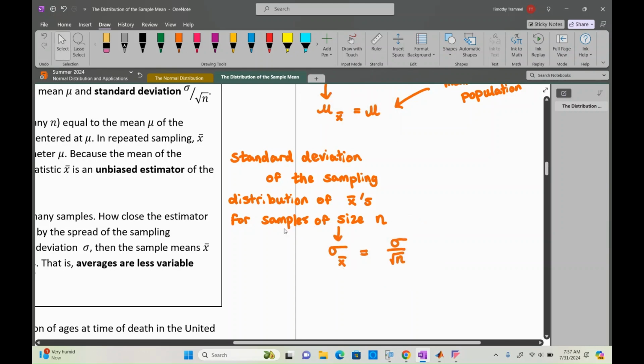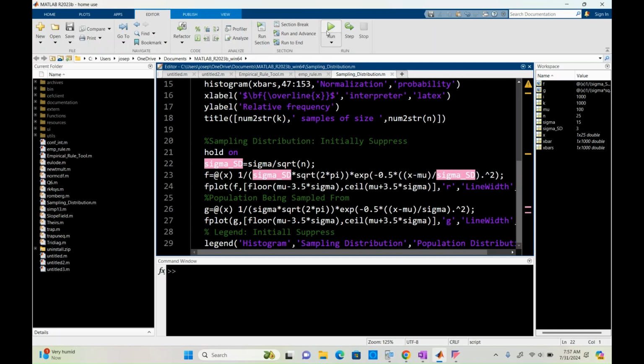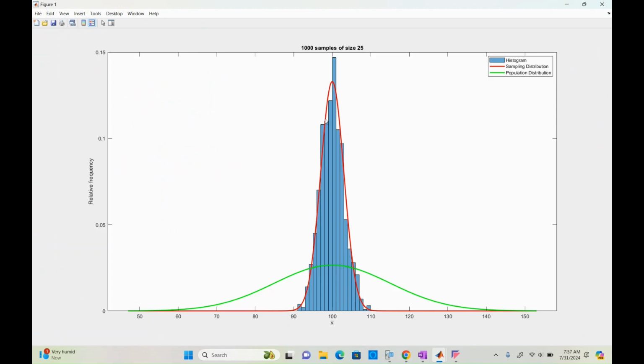Okay. So let me actually go back to our picture here that we were looking at. And so the sampling distribution, again, is the curve in red, while the population is the one in green here. And you'll notice, again, they're both centered at 100. Okay? So they both should have the same mean.